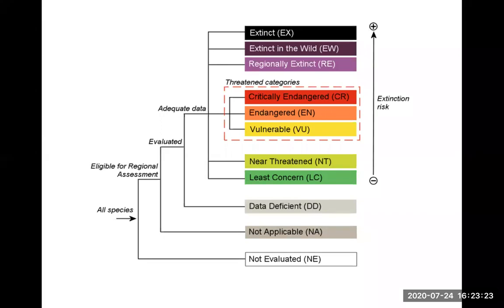Even if we can just give it a best guess, if you can move a species from data deficient to least concern or near threatened, or realize that it actually probably is vulnerable, those are big moves that can make a big difference. And we don't have any seagrasses that have never been evaluated, so that doesn't really apply.